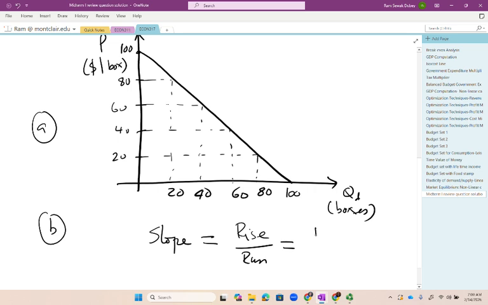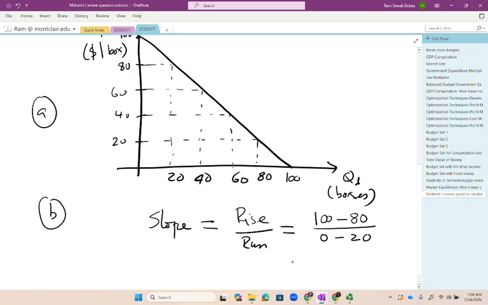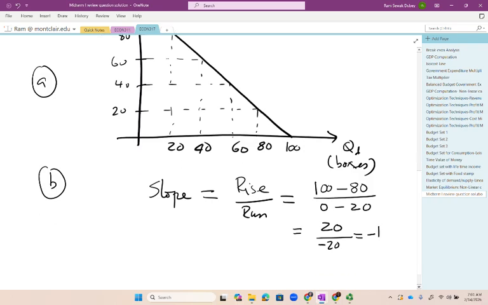When price goes from 100 to 80, quantity goes up from 0 to 20. I am consistent in writing the price and quantity pairs: when price is 100, quantity is 0, price is 80, quantity is 20. So I have 20 in the numerator, negative 20 in the denominator, and that turns out to be negative 1. So you can see the slope is negative 1.